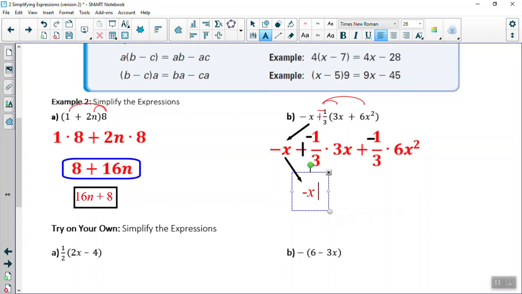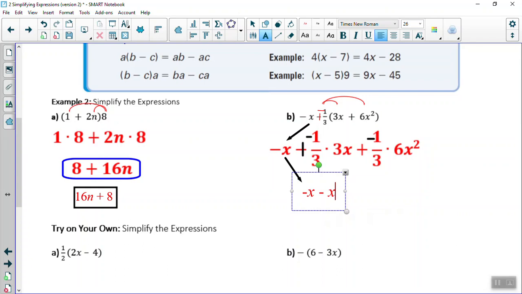So we've got negative x. Now when we do that negative 1/3 times 3, that gives us a negative 1x. We don't have to put the 1 in front of the x though, so we leave it as just negative x. All right, then I come over here and I'm going to do negative 1/3 times 6x squared.